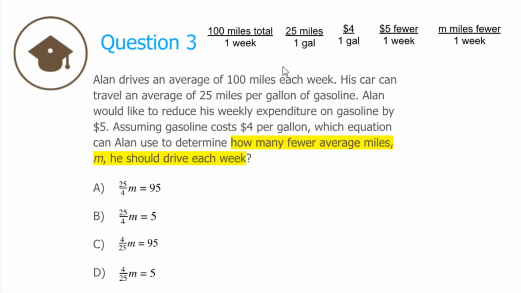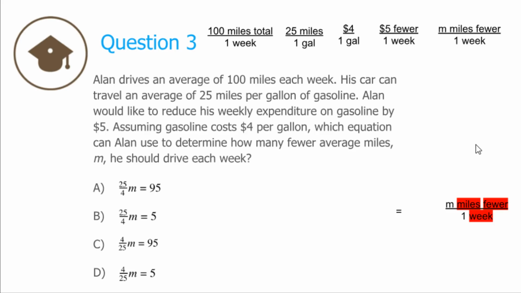All right, so again, we've got 1, 2, 3, 4, 5 different things that we're working with here, and we're trying to make an equation that helps us solve for M. So if we're not really sure how to build an equation that looks like this, a really good idea is to start with our units. We're looking for M miles fewer per 1 week. So we want to try to build in other numbers, other rates that'll give us miles fewer per week.